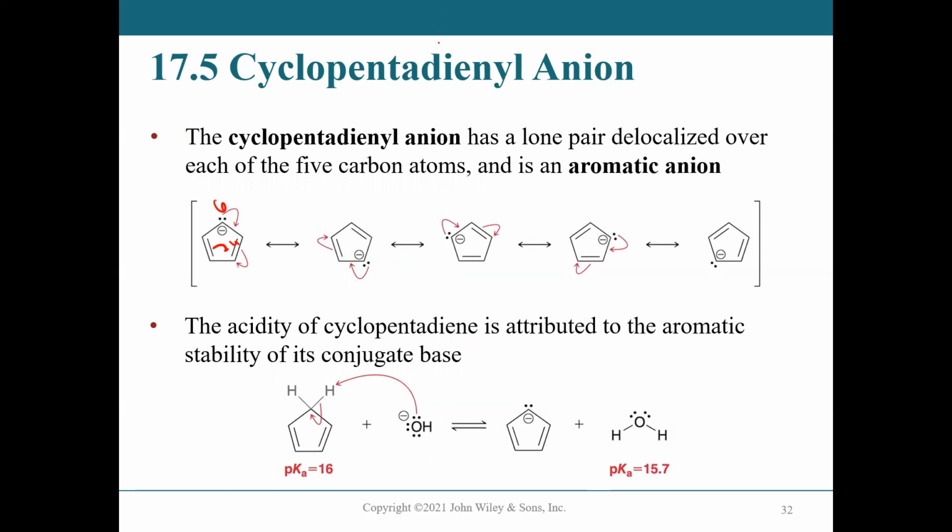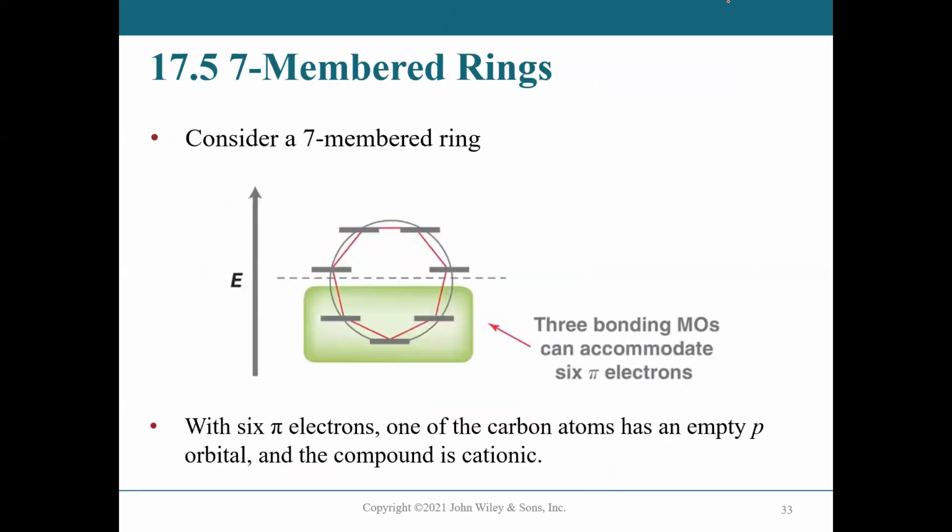So with cyclopentadienyl, the anion, this is an aromatic compound. With the 7-membered ring, I'm just trying to see.